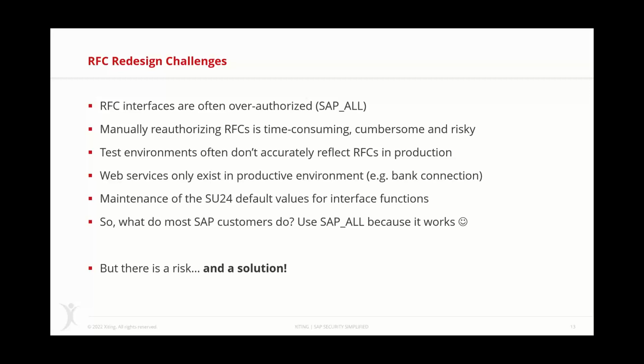So that means very often when it comes to RFCs, we're not utilizing the means of SU24, the means of PFCG to properly build roles the way we should build them, or maybe the way we build them for end user authorizations. Simply because there are no proposal values, there's no real means to use the right way to do it, because it doesn't add a lot of value.